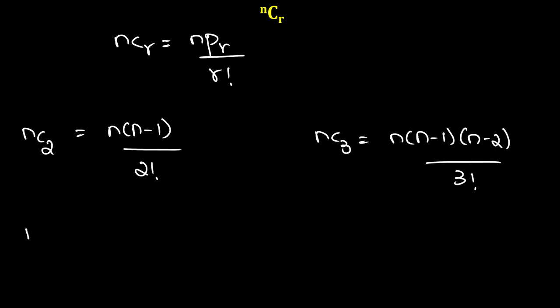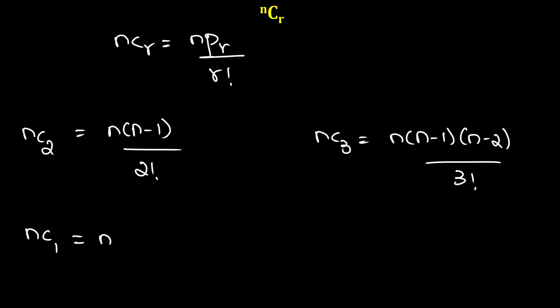Now, very important: what is nC1? n by 1 as per formula, n divided by 1 factorial, or else the basic thing. 10 people attended for interview. I need to select only one person.